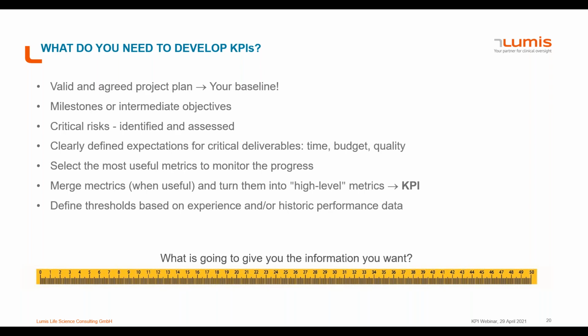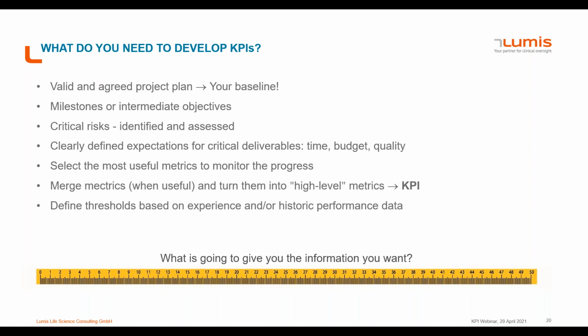From here, it shouldn't be so difficult anymore to select the most useful metrics to monitor the progress of the tasks that in the end should lead to a critical deliverable. And you merge the metrics when it's useful, and by that turn them into high-level metrics in the so-called key performance indicators. To work with them, you need thresholds, because actually you need to trigger an action based on the performance indicators.